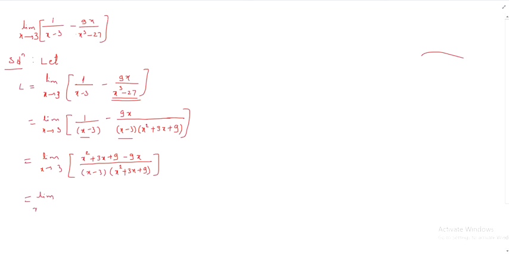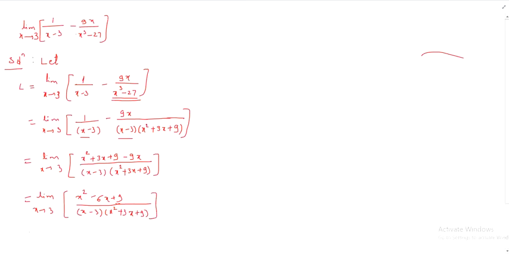Is equal to limit x tends to 3, and here we can have x square minus 3x minus 9x, that is minus 6x plus 9 upon x minus 3 into x square plus 3x plus 9.